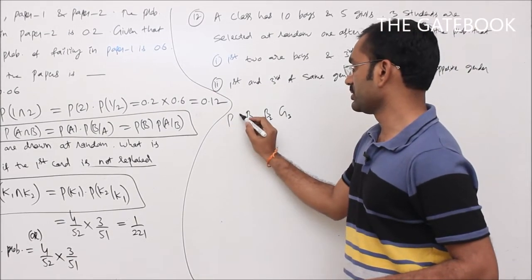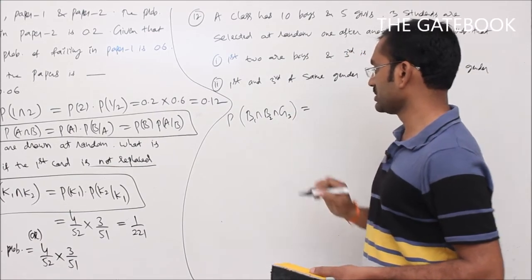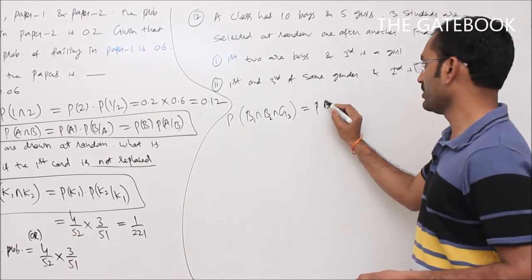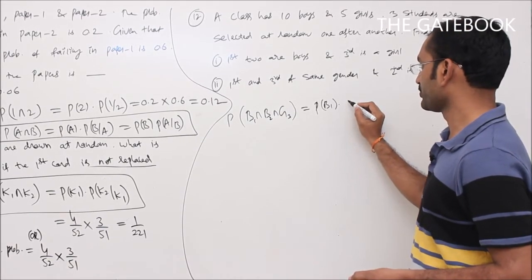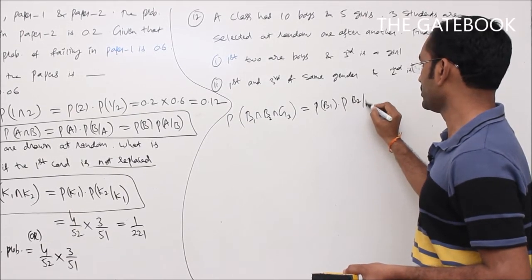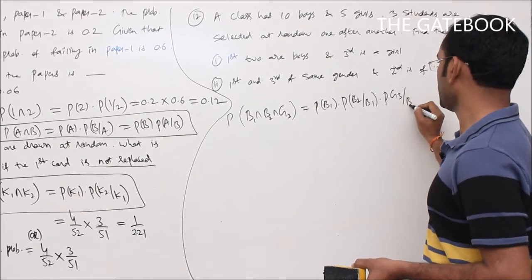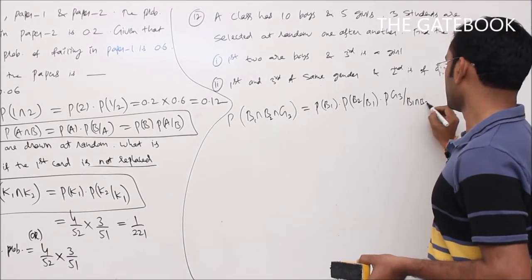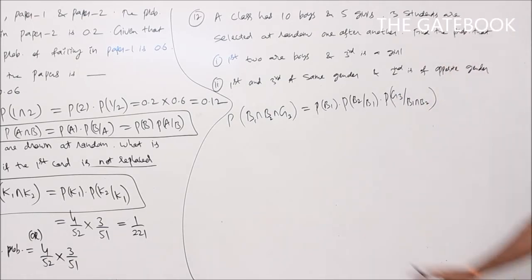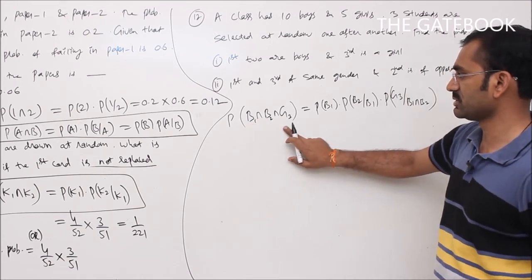So taking the probability of the intersection, using the multiplication theorem of probability for 3 events, I can write P of B1 into P of B2 given B1 into P of G3 given B1 intersection B2. Here 1, 2, 3 represent the corresponding positions: first position boy, second position boy, third position girl.